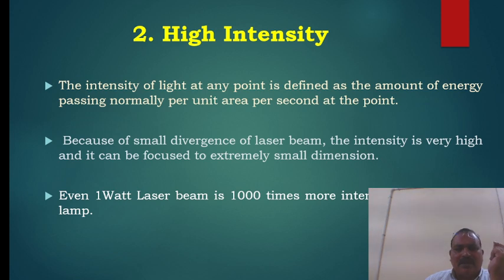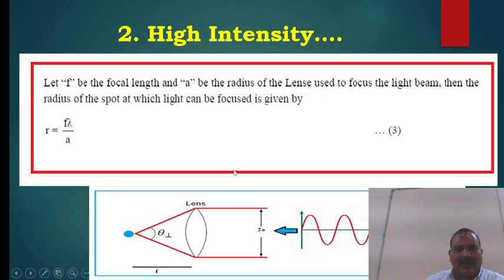Even 1 watt of laser beam is 1000 times more intense than a 100 watt bulb in your house. How can we say that these are highly intense? This is just a statement. Now how can I prove it?